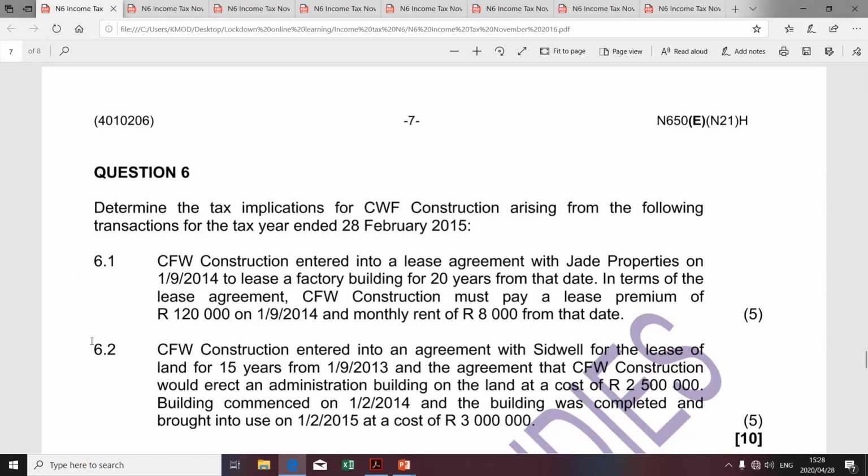I'd like to take you to question 6, and as I've mentioned, I want us to focus on question 6.2. Just quickly, we're required to determine tax implications for CFW construction.